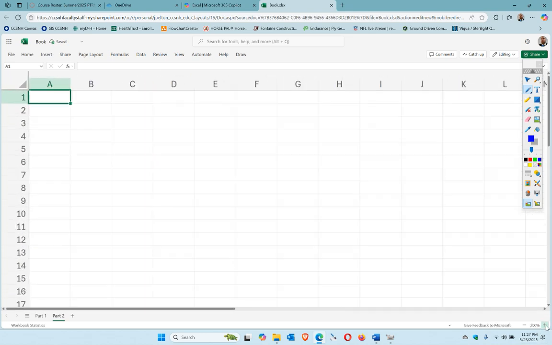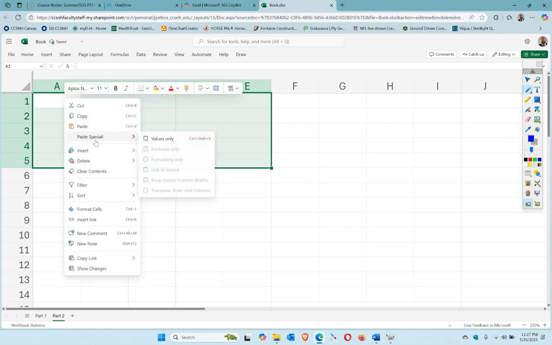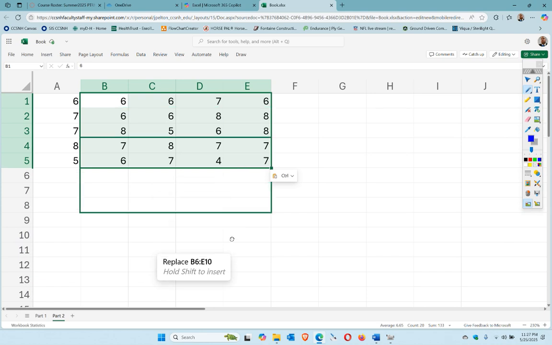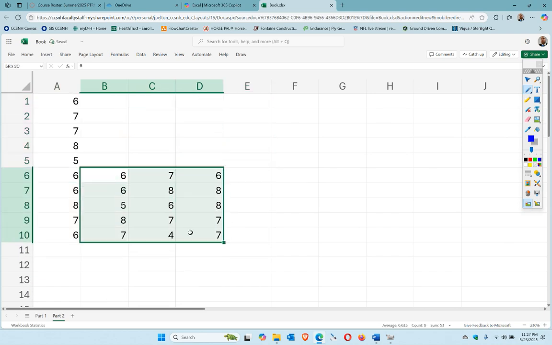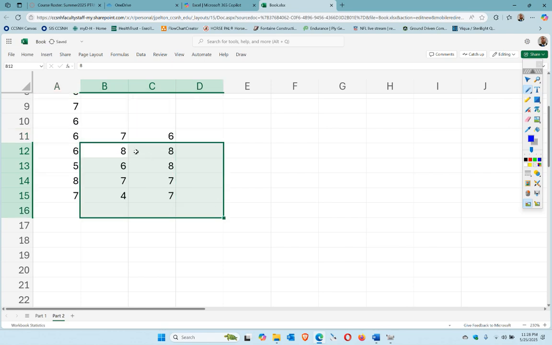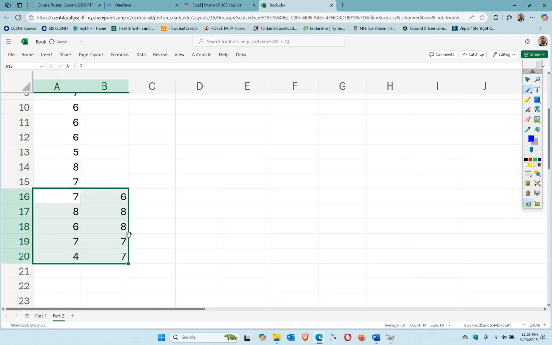Blow it up. Paste special, values only. I don't want the formatting. Alright, so I'll put all these in a single column.